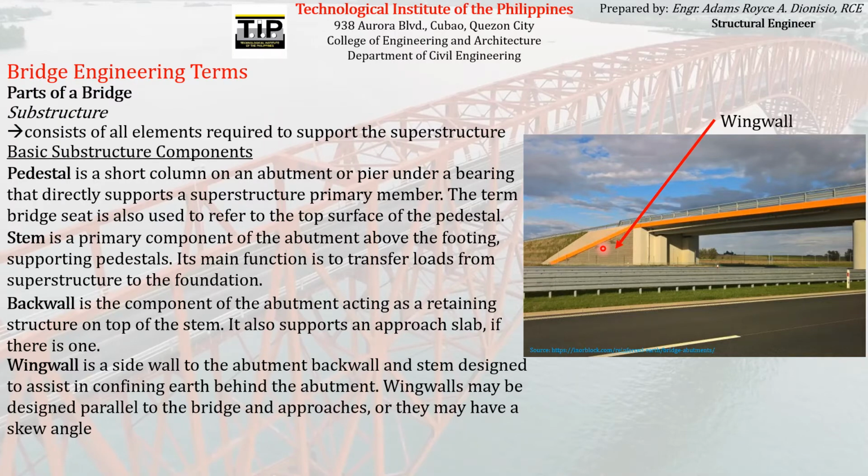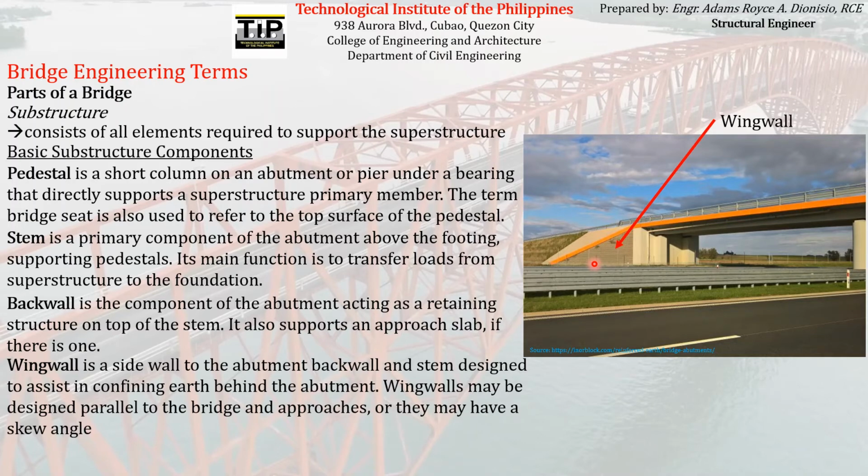So what is the purpose of a wing wall? The purpose of the wing wall is the same as the purpose of the back wall and the abutment, which is to retain the earth behind the abutment. So it is an additional support to retain the earth behind the abutment. You can usually find wing walls on expressways.